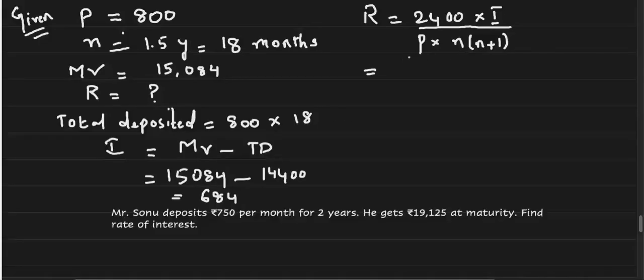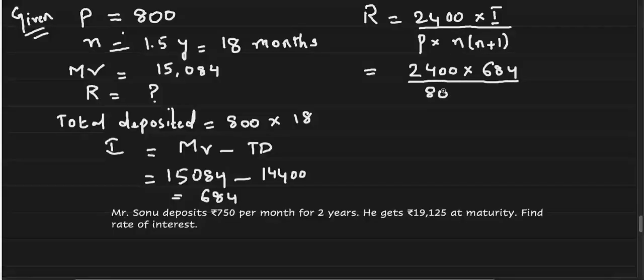Now the interest is here. Multiply: 2,400 multiplied by the interest, that is 684, divided by the P value, that is 800, multiplied by N, which is 18, into 19, N plus 1. Two zeros get cancelled, 8 ones are 8, 8 threes are 24, and 18 and 684 also get cancelled.